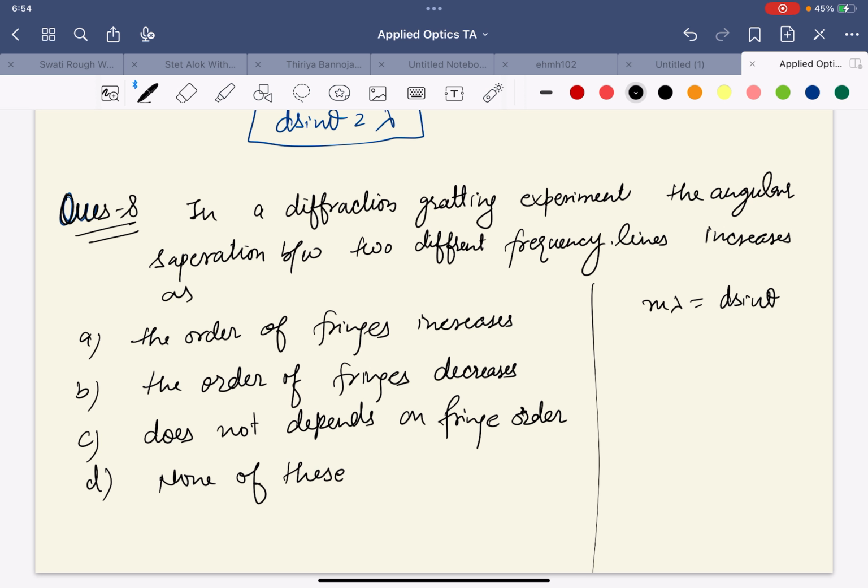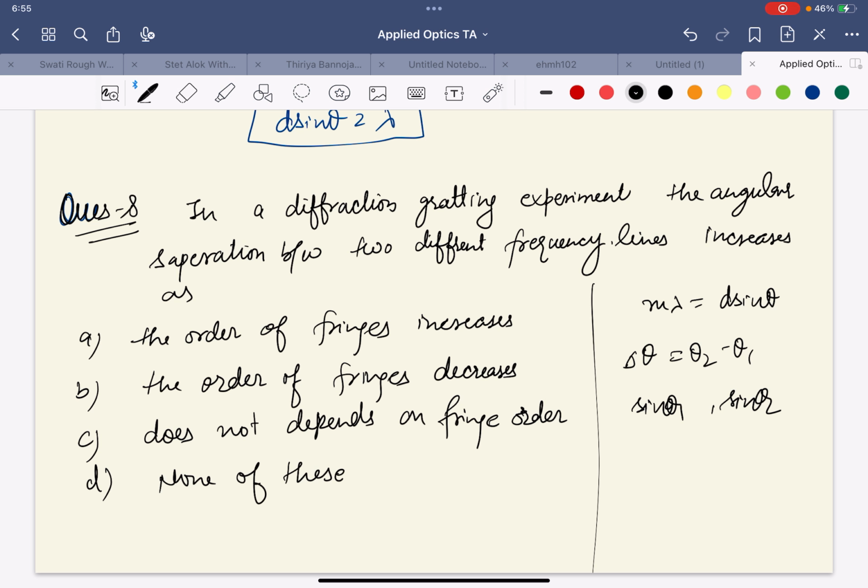The angular separation between two wavelengths is delta theta equal to theta 2 minus theta 1. Sine theta 1 and sine theta 2 are m lambda 1 by d and m lambda 2 by d.